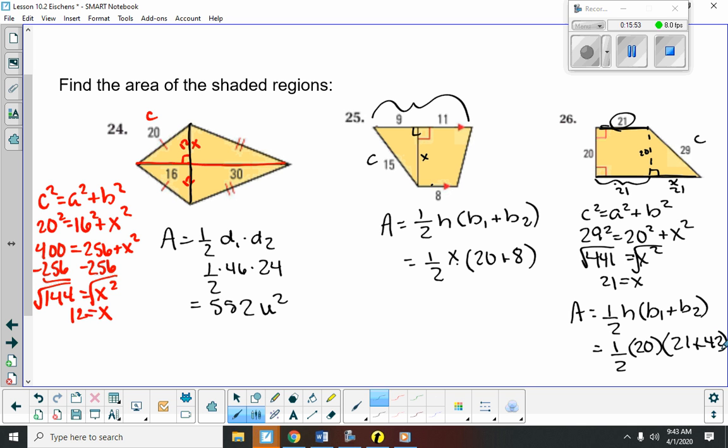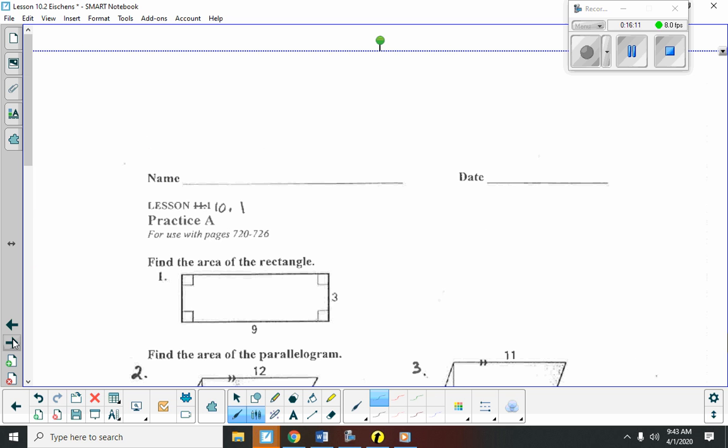And so we would have 630 square units is what I come up with. All right, let's see what's next.